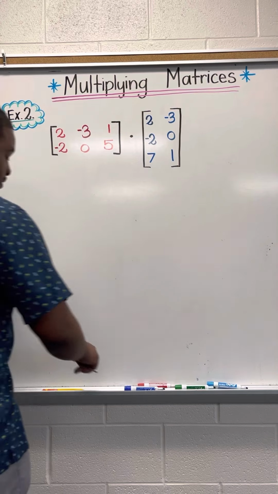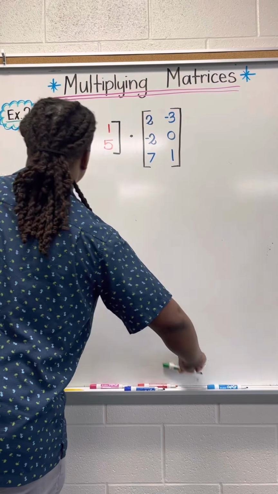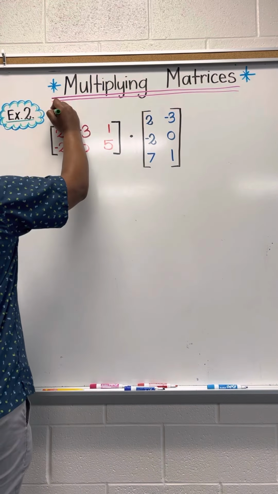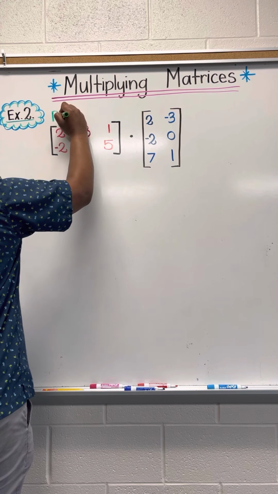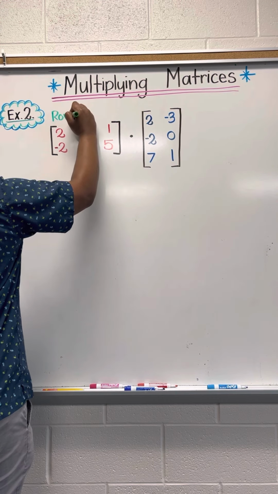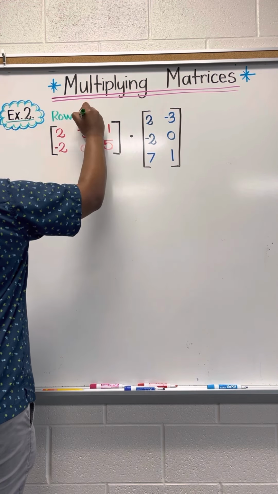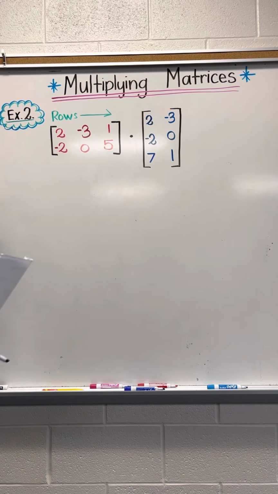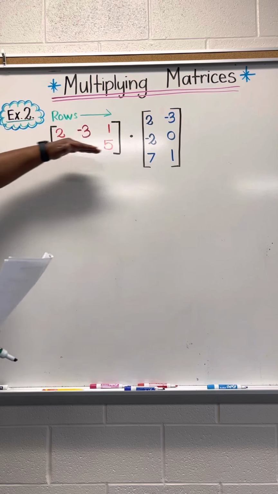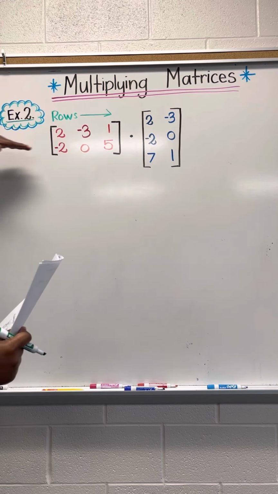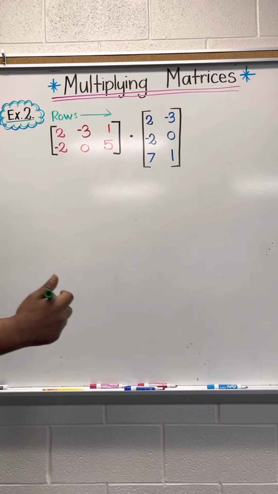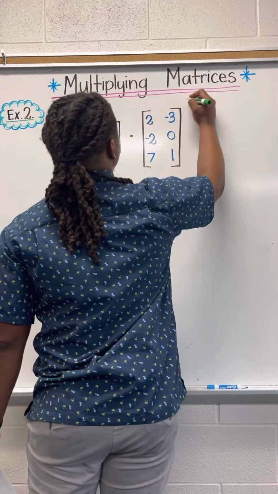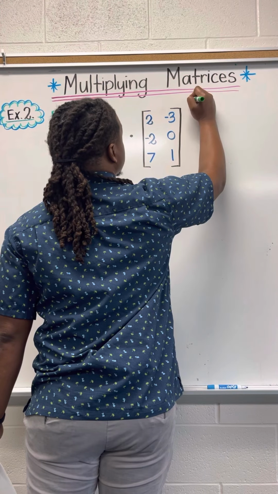The first part that I want to identify, ladies and gentlemen, is the rows. The rows are always horizontal. And then another thing that we want to identify are the columns.